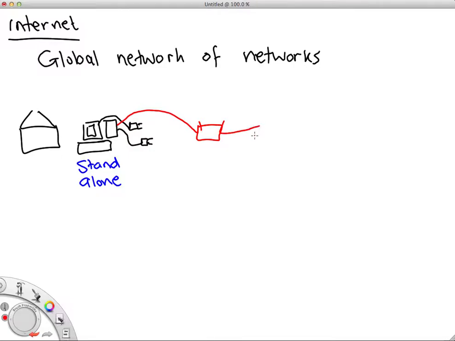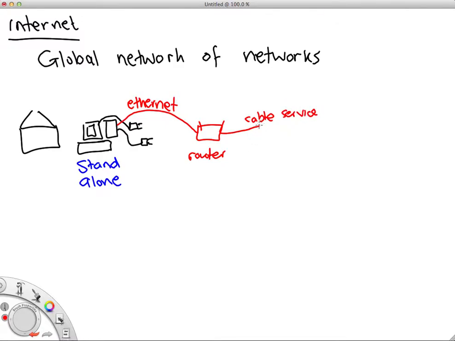It then allows me to be connected to other computers that use this same method. So just to confirm, this would be a router, and this would be Ethernet. Now if I connect my computer through Ethernet to a router which is going through my telephone line, it could be through a telephone line, it could be through a cable service.